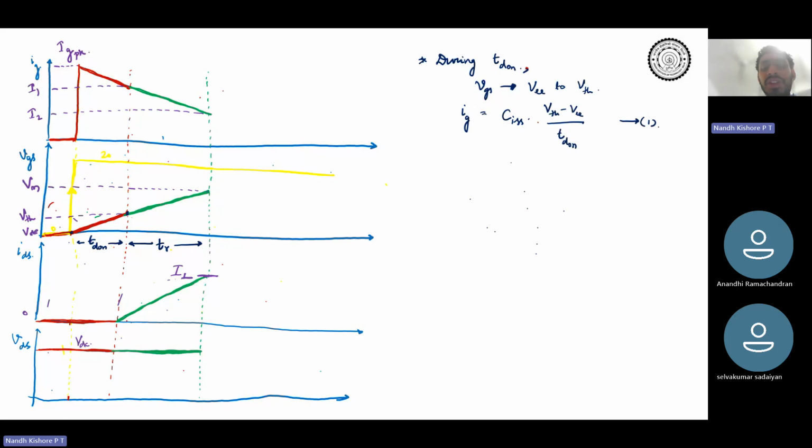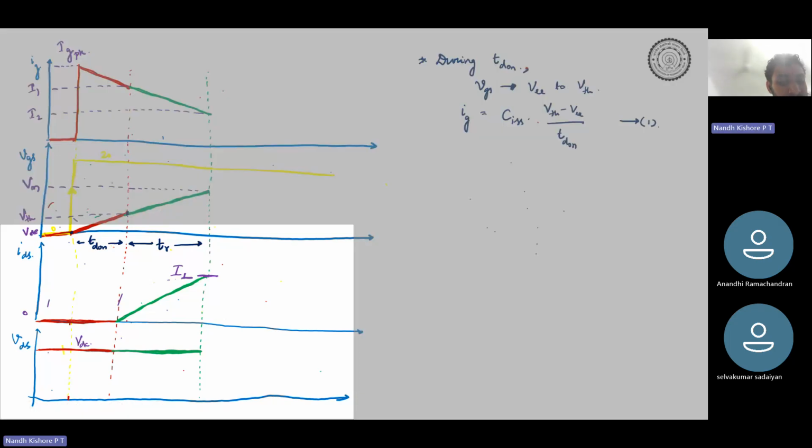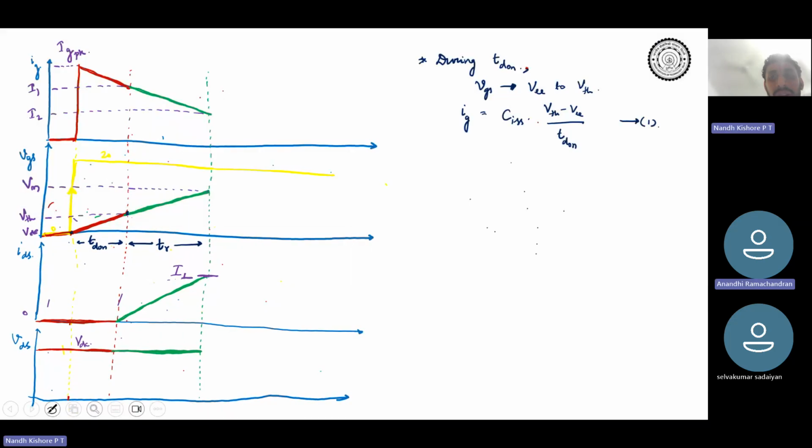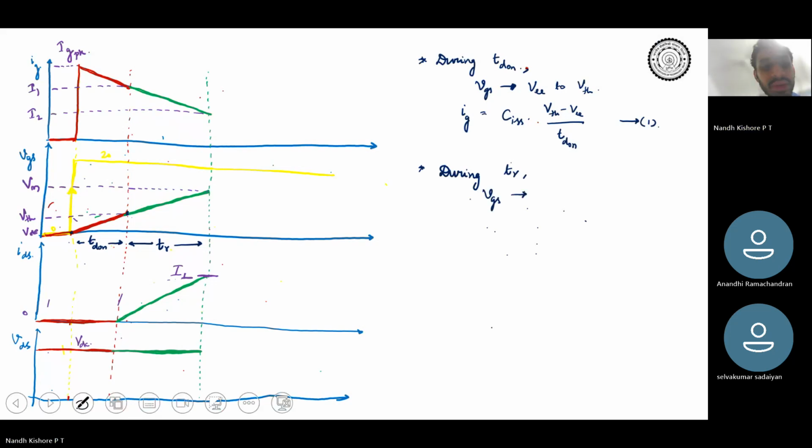Okay, good. So this is during the first interval. This is your capacitor domain equation. And during TR, VGS changes from what to what during TR?